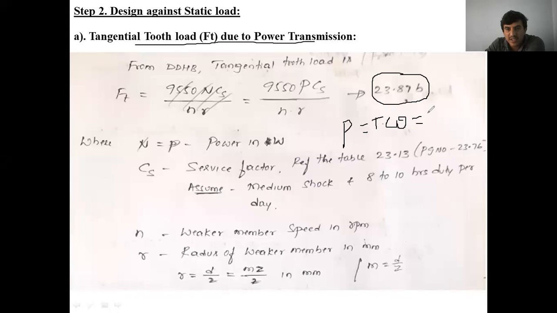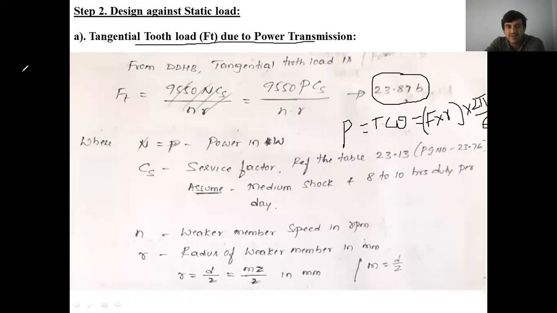Again, what is the torque? It is nothing but force into radial distance. What is the angular velocity? Omega is equal to 2 pi N by 60. Am I right? Now take the constants on one side.